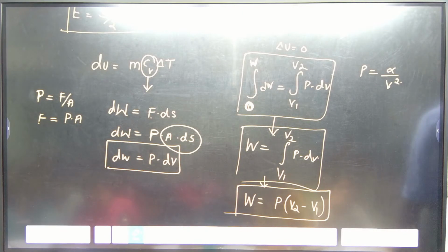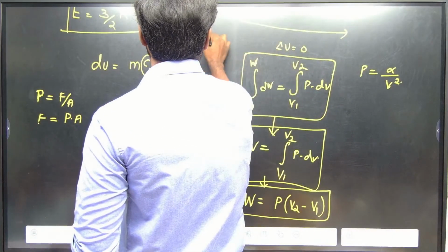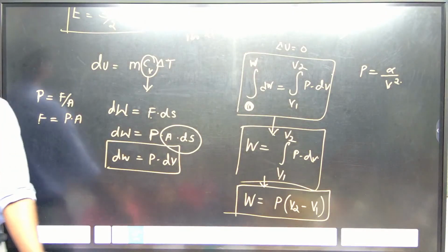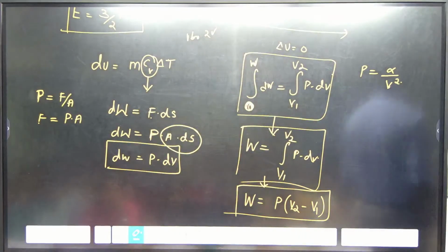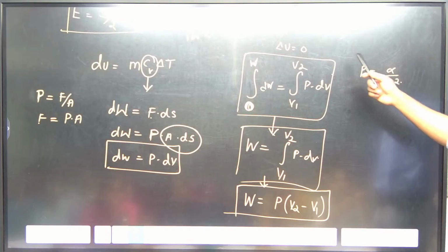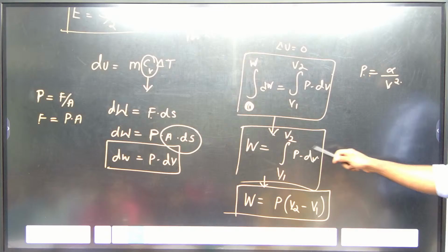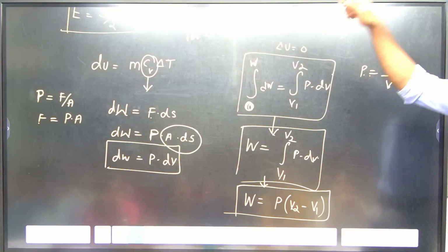This is the equation. Get the answer first. V to 2V. First I need to take the equation of P and substitute it in this equation. So alpha by V square dV. Next, integration of 1 by V square. So take this V square to the numerator, V power minus 2.